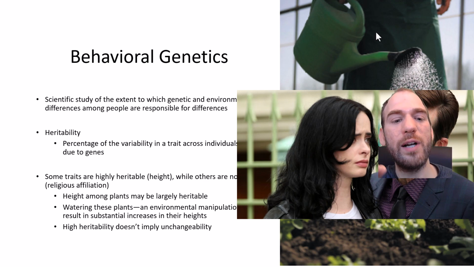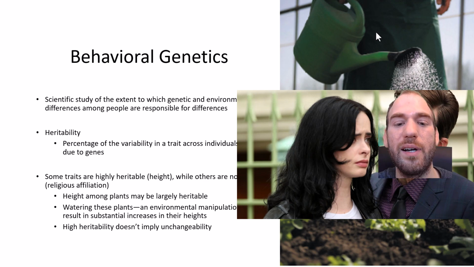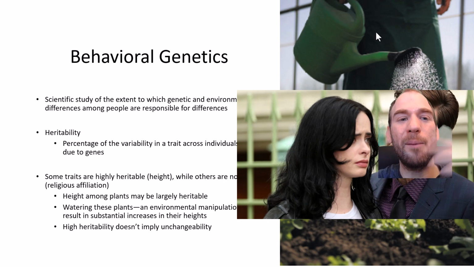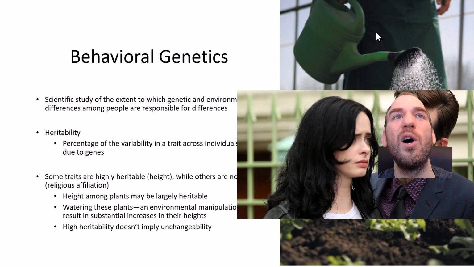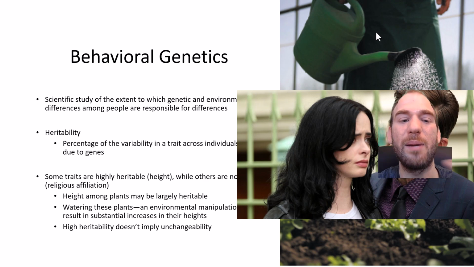Now, that highly heritable trait, that plant height, is much more influenced by my environmental manipulation. So again, there are huge debates in the field about behavioral genetics. But the idea here is that this is attempting to identify what developmental outcomes are genetically based, which are environmentally based, and maybe some combination of those two in some kind of ratio form.